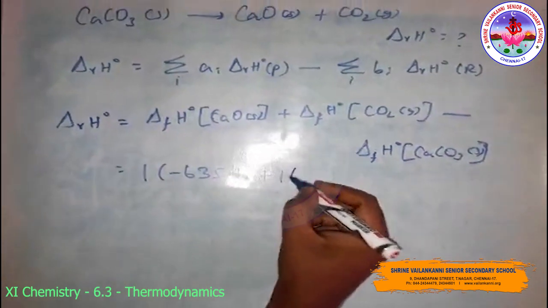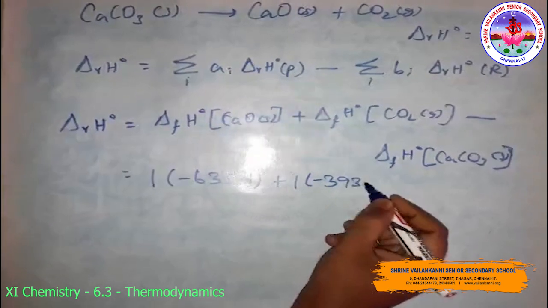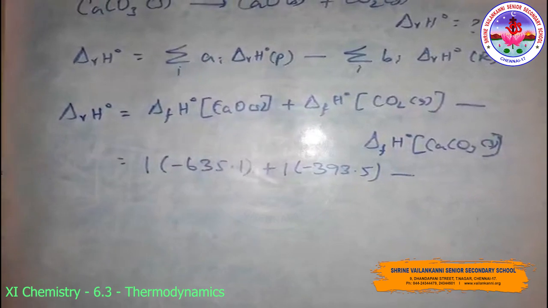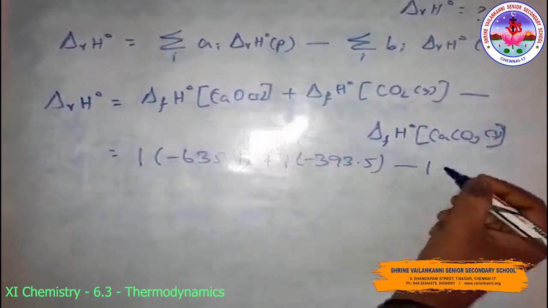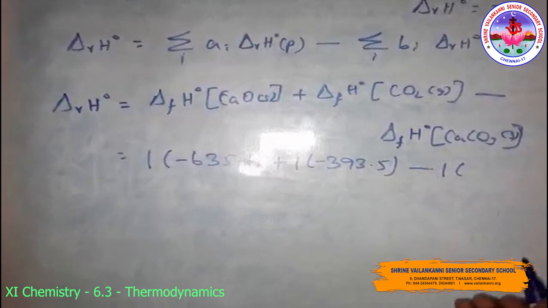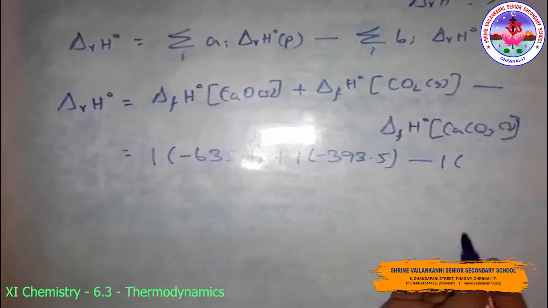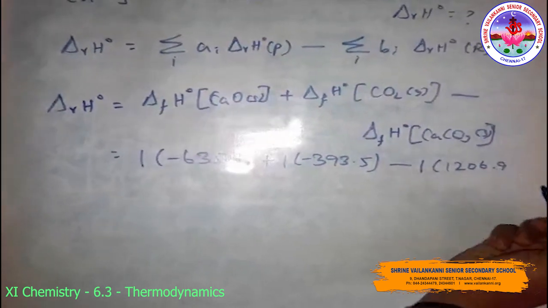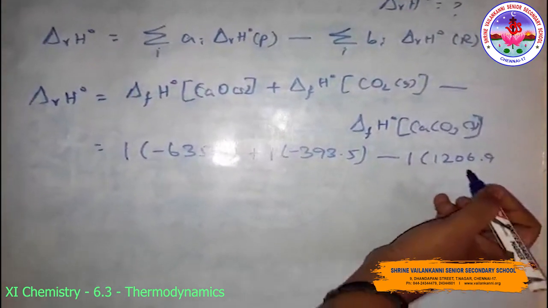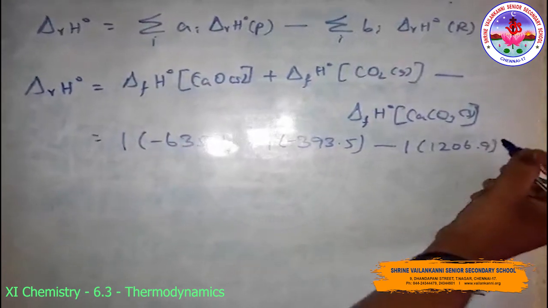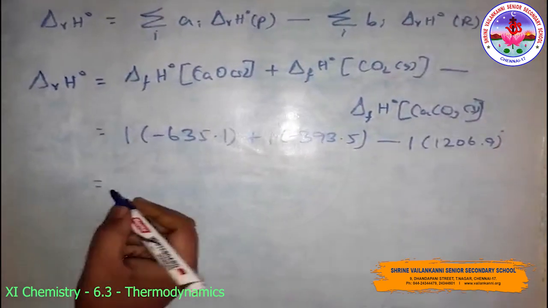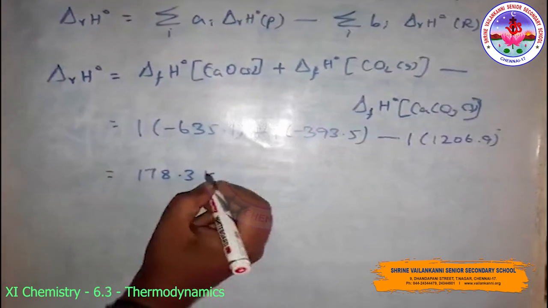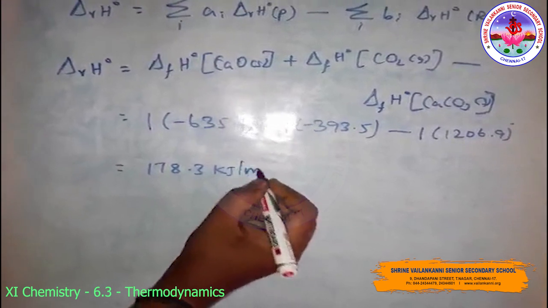Here there is minus 393.5, again minus. 1 mole of the calcium carbonate is formed, so the calcium carbonate solid standard enthalpy change value is 1206.9, so 1206.9 kilojoule per mole. So after simplifying, you will get 178.3 kilojoule per mole.